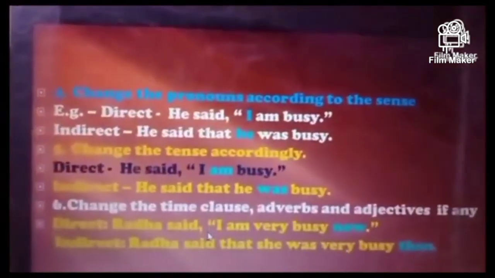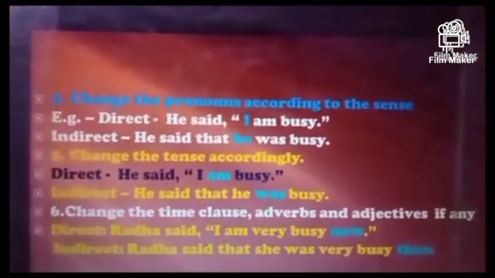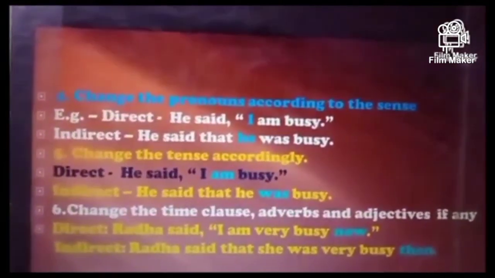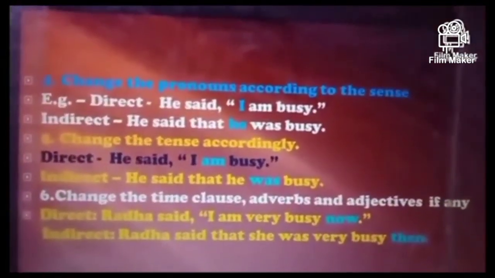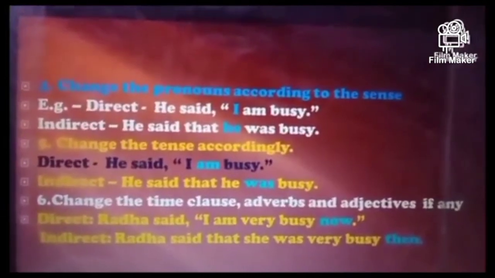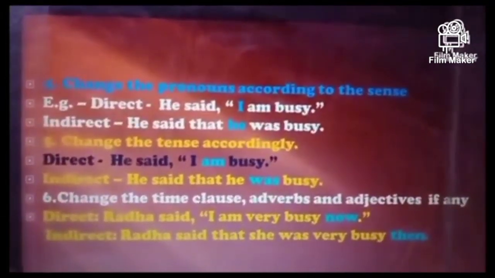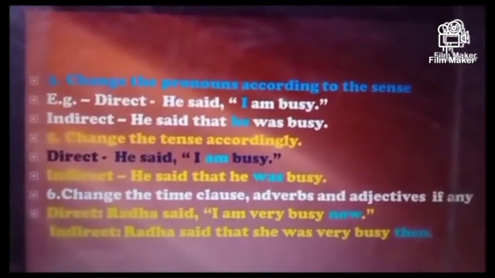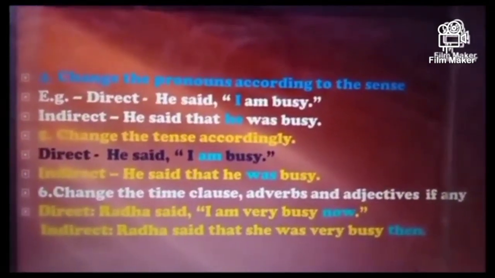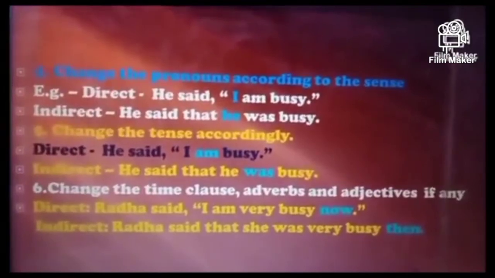Like that we have to change the pronouns. Next rule, number 5: change the tense accordingly. This is one of the important parts while converting direct speech into indirect speech. So we need to focus on the tense, and we shall study it in detail.